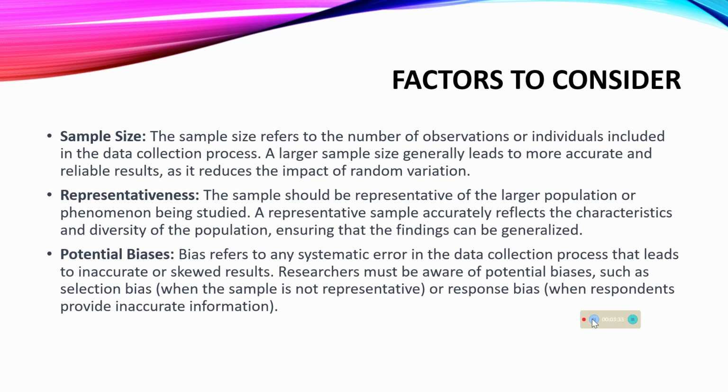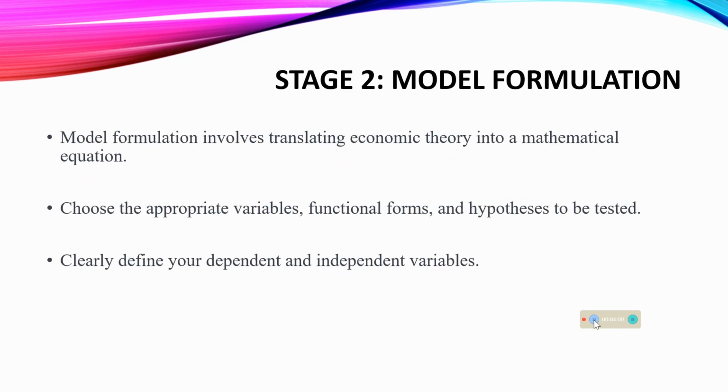The third factor is potential biases. Bias refers to any systematic error in the data collection process that leads to inaccurate or skewed results. Researchers must be aware of potential biases, such as selection bias when the sample is not representative, or response bias when respondents provide inaccurate information.